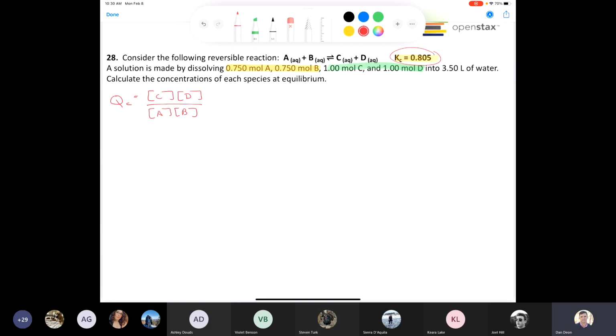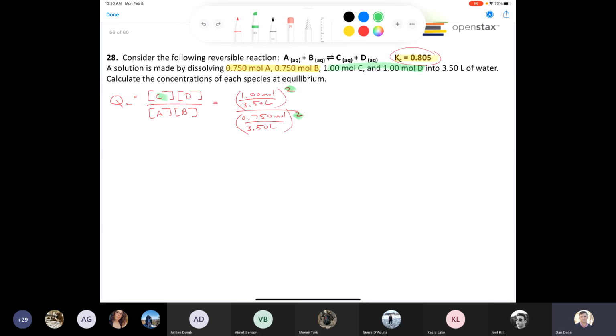We can calculate that from what we're starting with. We know the initial concentrations of everything: 1.00 mole of C and D divided by 3.50 liters of water, and 0.750 moles of A and B divided by 3.50 liters of water. And we'll square that, just because C and D, and A and B, have the same concentrations respectively.